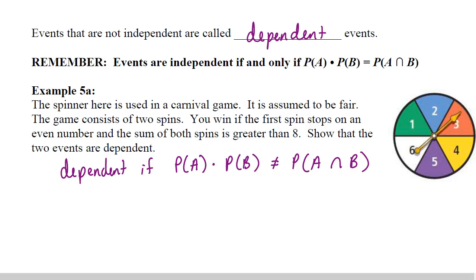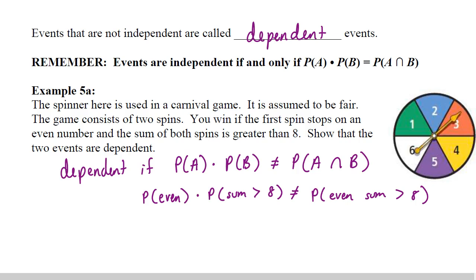So how does that apply to this story problem? Well, we can say that event A is the probability of getting an even number on our spin, and event B is getting a sum greater than 8. We want to see that multiplying those 2 probabilities together is not going to be equal to the probability of the intersection.